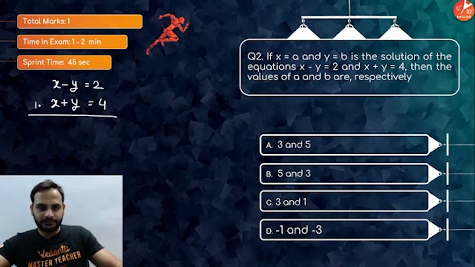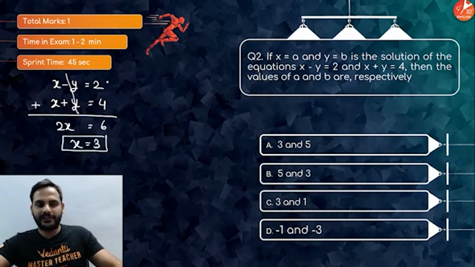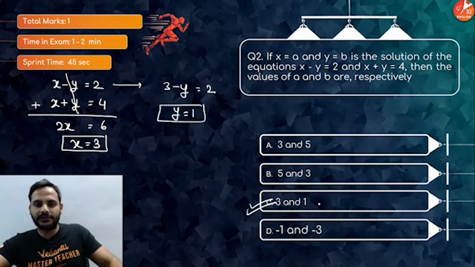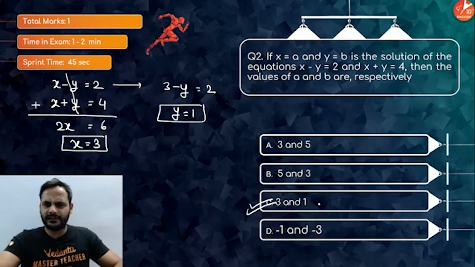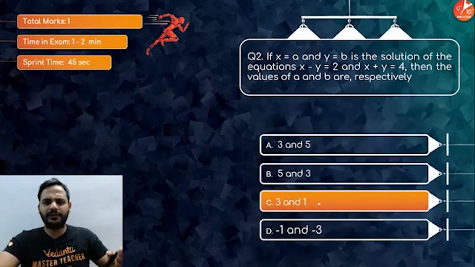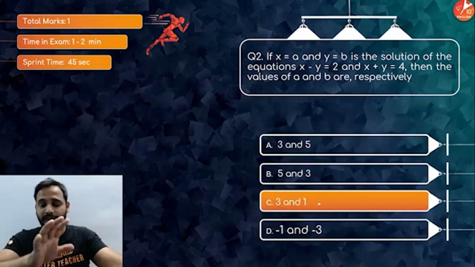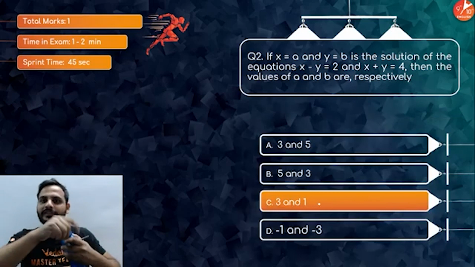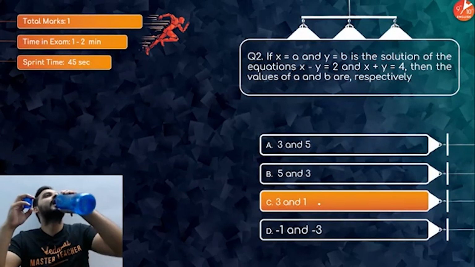Let's add both. 2x is equal to 6 and x is equal to 3. Put x equal to 3 in any of the equations. 3 minus y is equal to 2. We'll be getting y is equal to 1. Option C. Pretty easy. Right? I think no one should make this question wrong because it is that easy. Correct, Anaya?